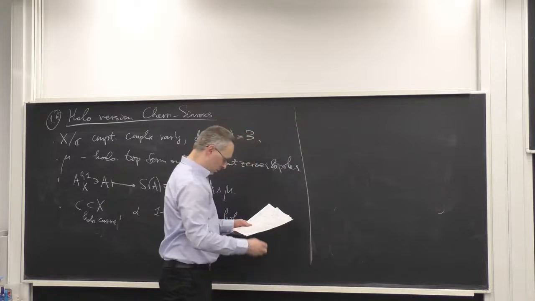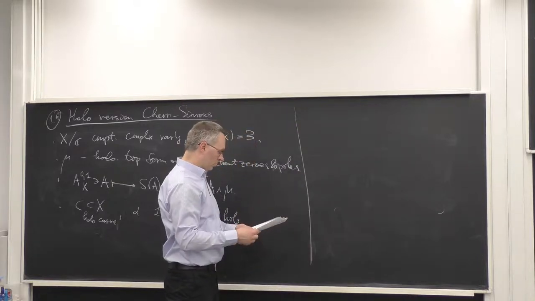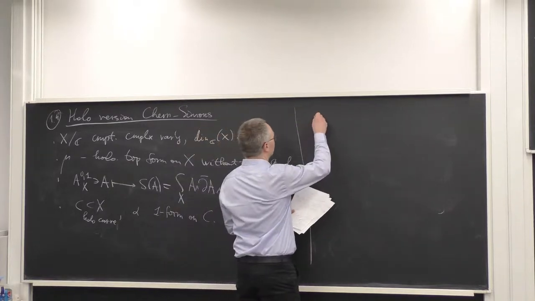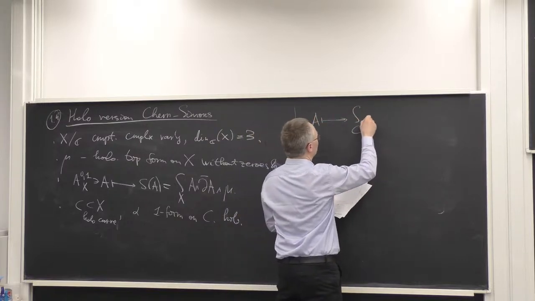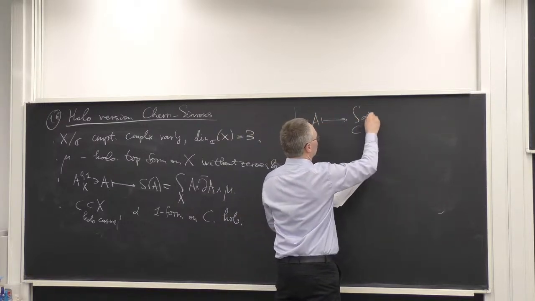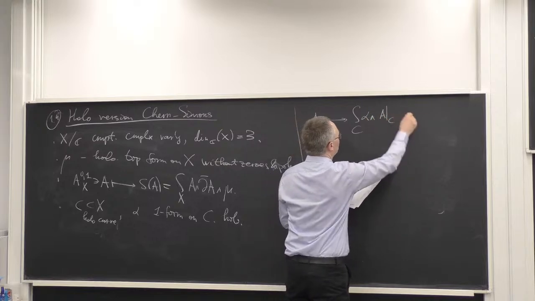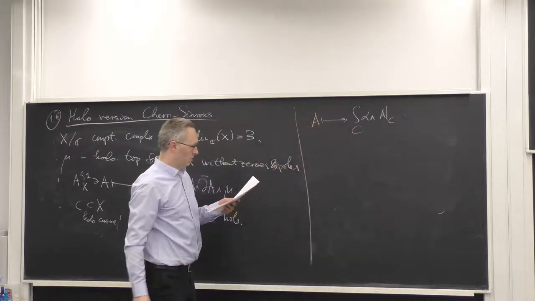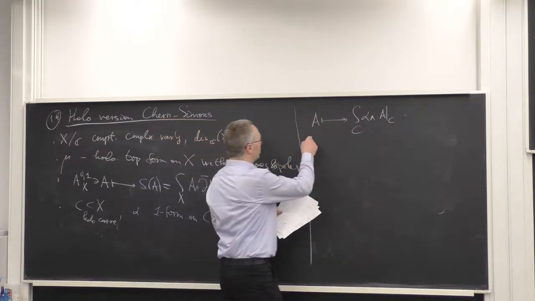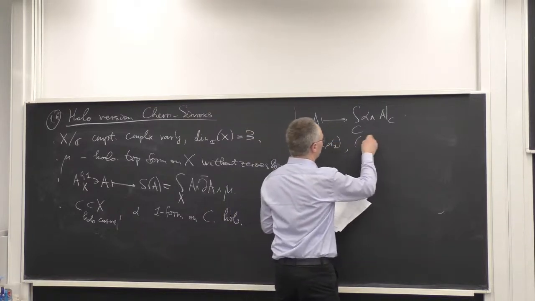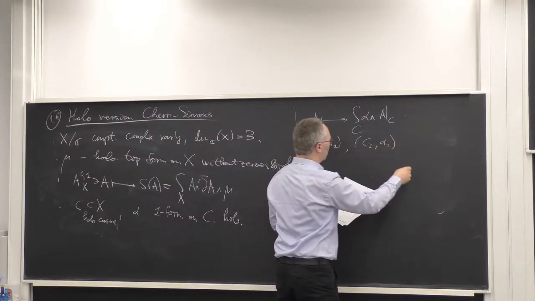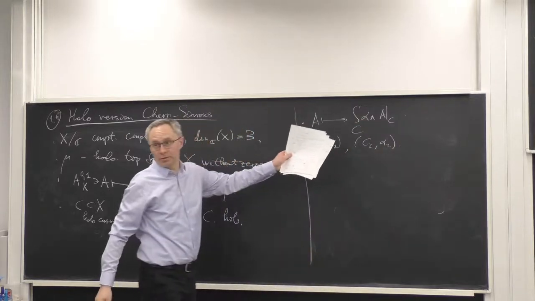Then again, the functional that we can consider given by a curve is the integral, the thing I did there. So given two pairs, C1 with alpha 1 and C2 with alpha 2, I can form a correlator of these two functionals.